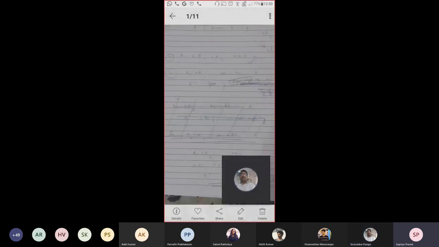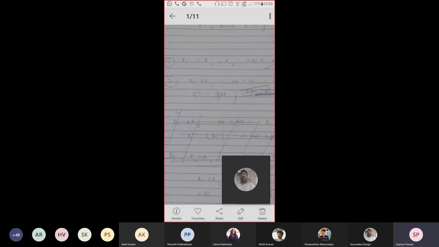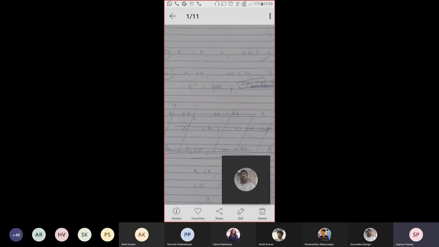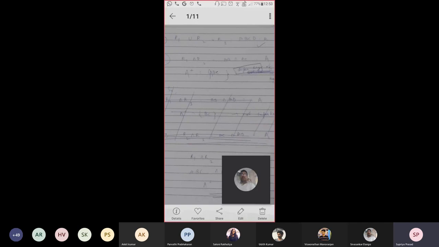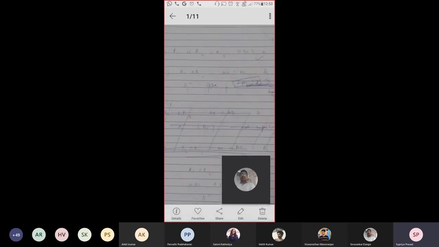It's visible. Okay. So first we check the union, and the union is ABCD, which is R. Then we take the intersection of R1 and R2, which gives us A, and A closure will be ABC, which is a super key of R1.